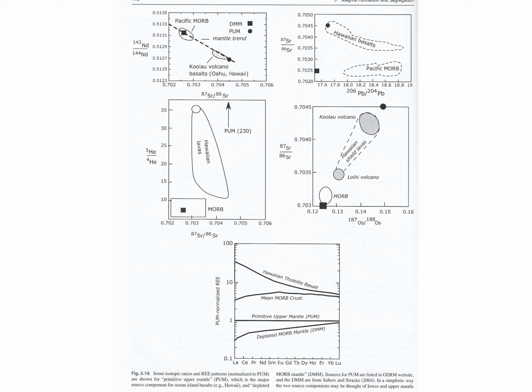So the primitive upper mantle is the PUM, which is the major source component for oceanic island basalts like Hawaii, and the depleted MORB mantle is the DMM. So when they are lying on one line, they both have their source from the upper mantle.